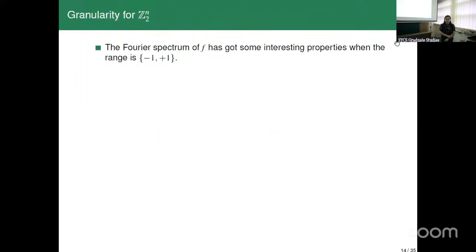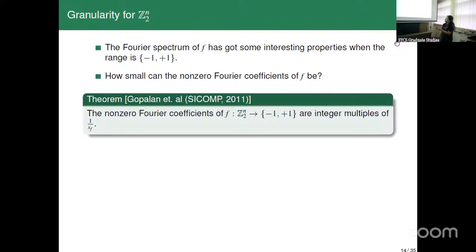Another property is granularity. How small can the non-zero Fourier coefficients be? Can they be very close to 0? Gopalan et al. in 2011 showed that the non-zero Fourier coefficients are actually integer multiples of 1 by sparsity.